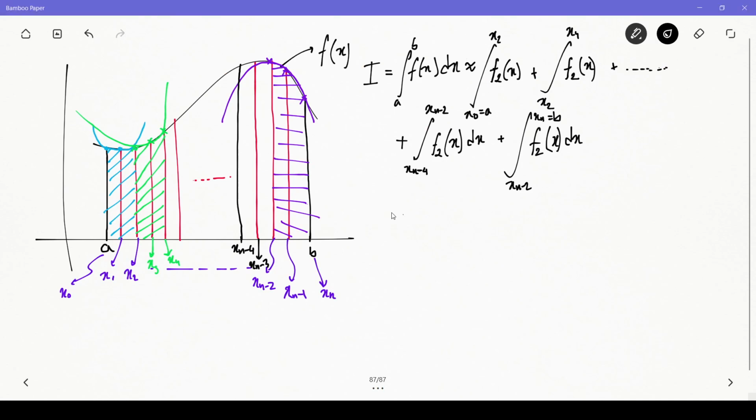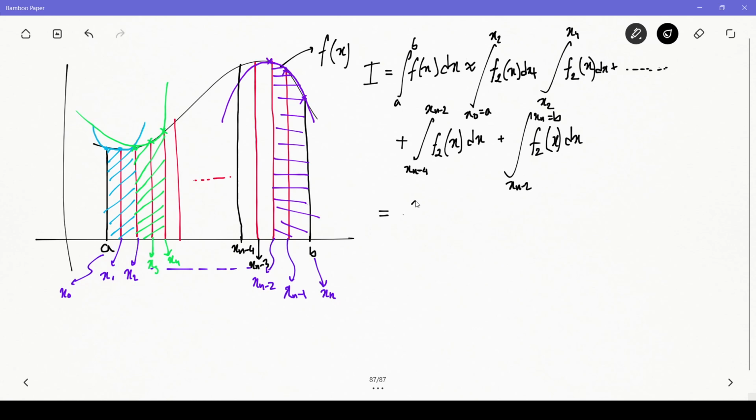So let's try to apply the formula for the integral of the first second order polynomial. For each of these, I forgot to write dx. Let me write them. Obviously, the second order polynomials are being integrated with respect to dx. So after applying the formula for this term, what do we get? It's (b minus a) by 6, right?